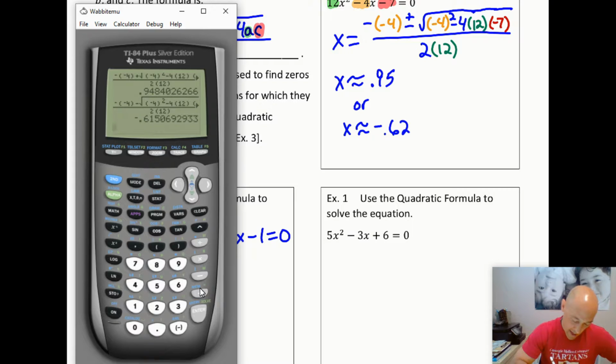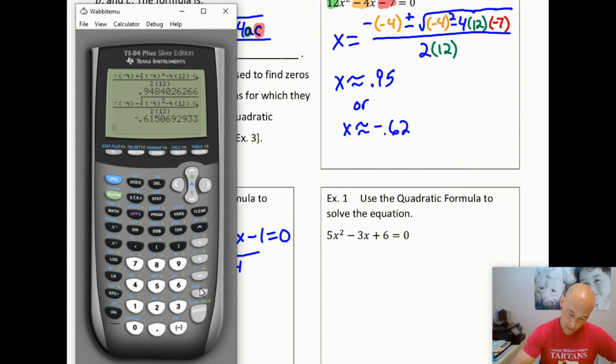So I have x is equal to negative b, b is 0, plus or minus the square root of b squared, 0 squared, minus 4 times a. a is the 10. I should highlight that. 10 is a.